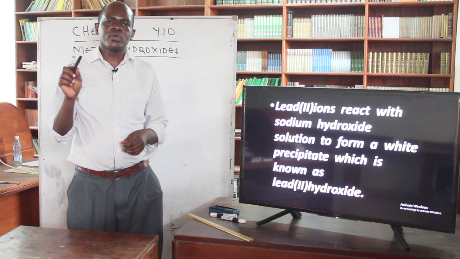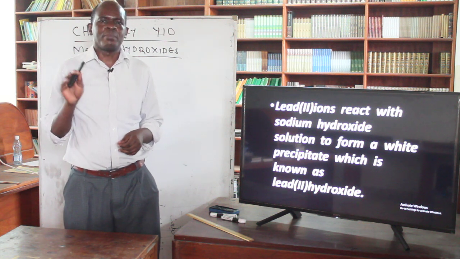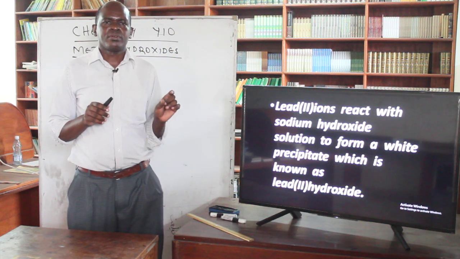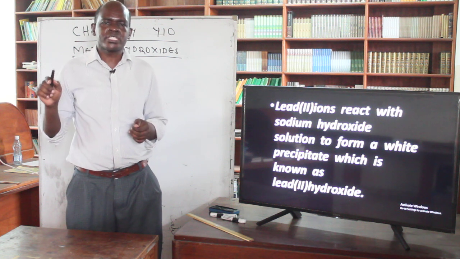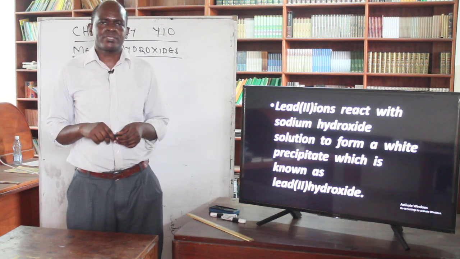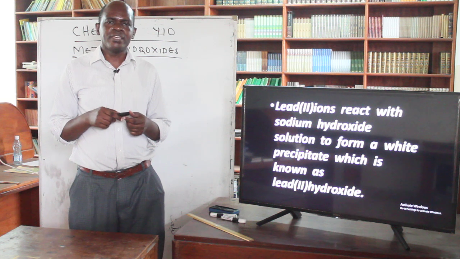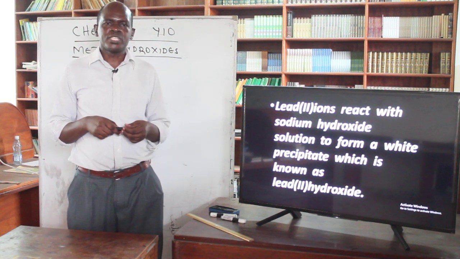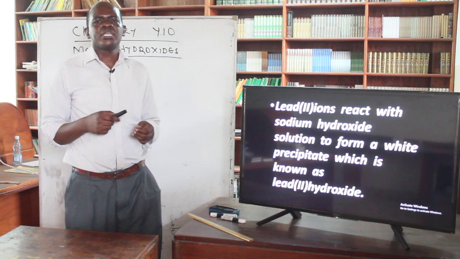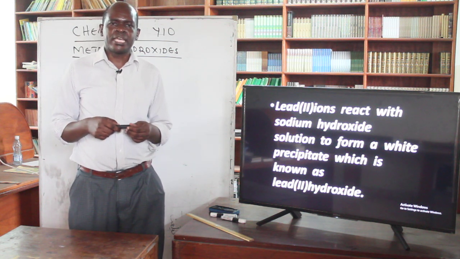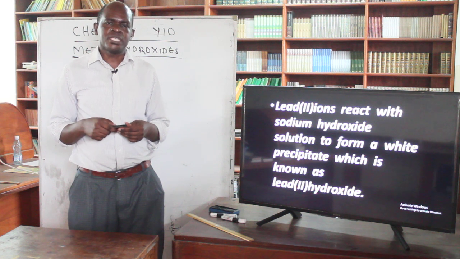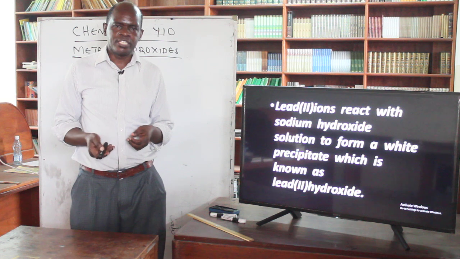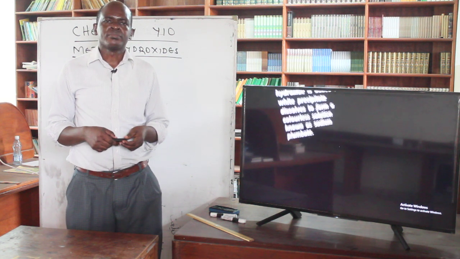If you look at the pattern, the metal ion picks up the hydroxide ion from the base. When the two combine, they form a metal hydroxide, which is the precipitate. So lead(II) ions react with sodium hydroxide to form a white precipitate, which is lead(II) hydroxide.